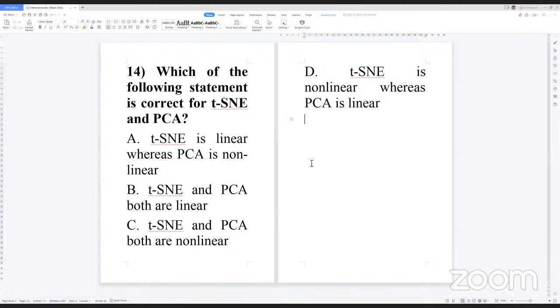Which of the following statements is correct for t-SNE and PCA? Option A, t-SNE is linear whereas PCA is non-linear. Option B, t-SNE and PCA both are linear. Option C, t-SNE and PCA both are non-linear. Option D, t-SNE is non-linear whereas PCA is linear.